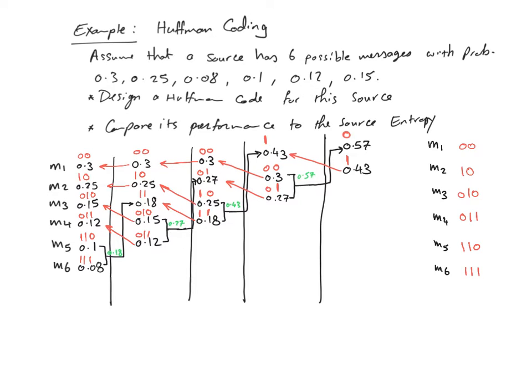Now the other part of the question says compare the performance of this Huffman encoding to the entropy of the source. So first of all, what's the entropy of the source in this case?